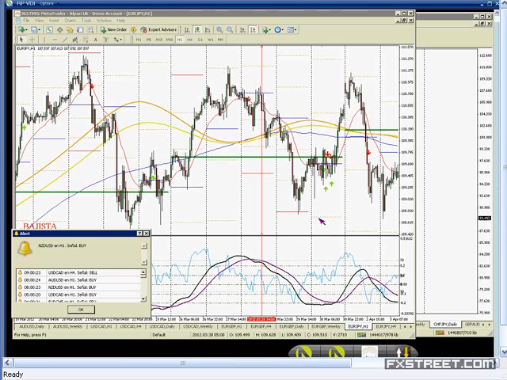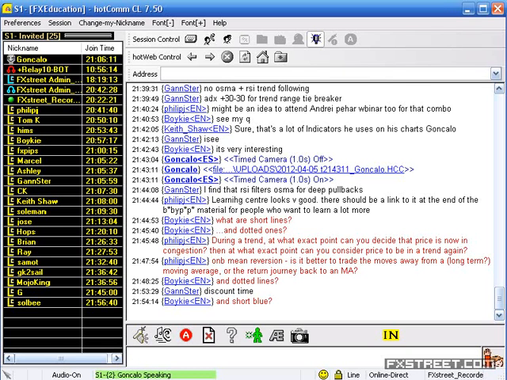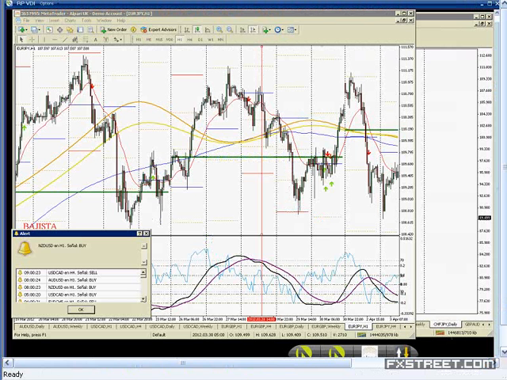The other part of Philip's question was to trade away from that central tendency value, from that moving average, for example.